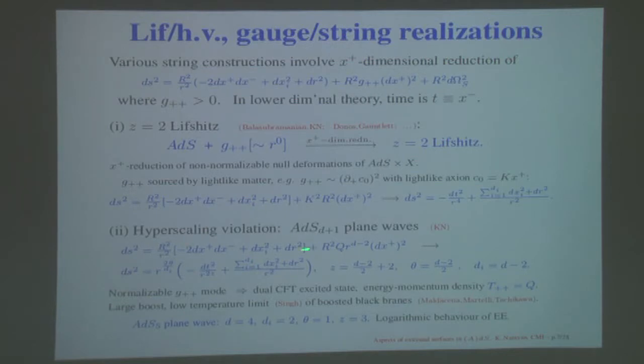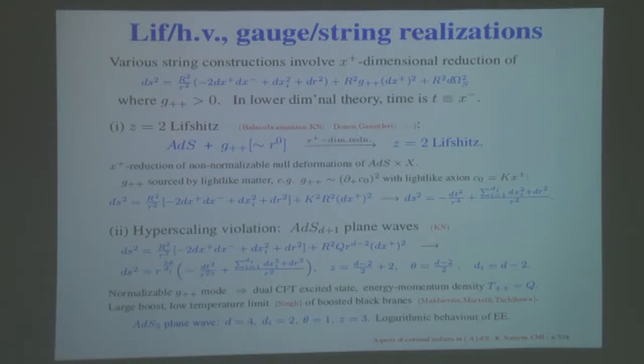Certain hyperscaling violating spacetimes can also be realized along similar lines in spirit, but in detail quite different. These I call AdS D+1 AdS plane waves. They're essentially structurally similar to this, except that this G++ is a normalizable piece. If you look at this, you get spacetimes like that.